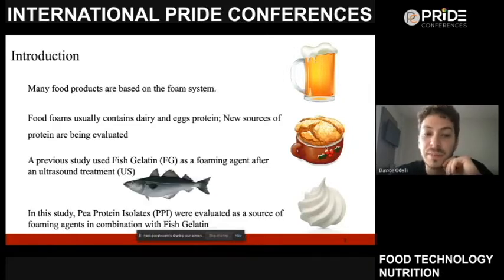For example, a previous study used fish gelatin obtained from the byproduct of the fishery industry as a foaming agent, and also tried to improve its functional properties by applying ultrasound treatment. In my study, I continued the evaluation with this kind of protein, but I also added pea protein isolate as a new source of foaming agent.